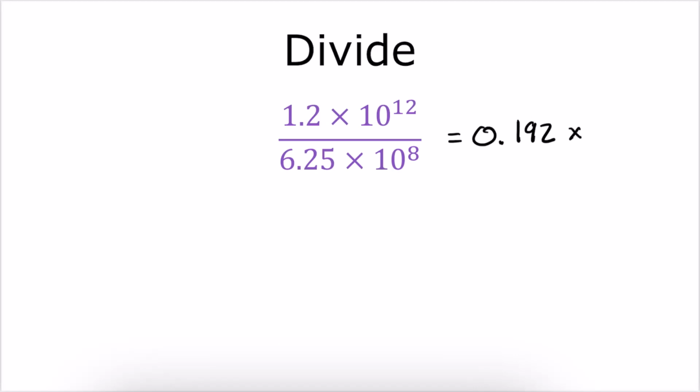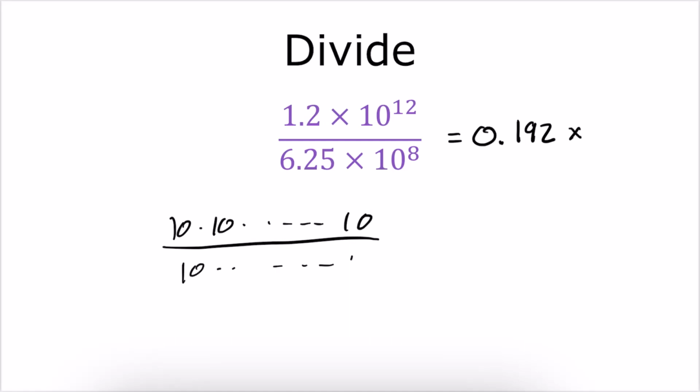Then if I do 10 to the 12th divided by 10 to the 8th, I have 10 times 10 times 10, 12 times, divided by 10 times 10, 8 times. 8 of those are going to cancel out, and I'll be left with 10 to the 4th. You might have noticed that on the last slide we added the exponents together, but when you divide, the tens cancel each other out, so you subtract the exponents.